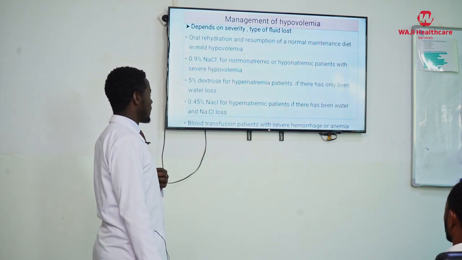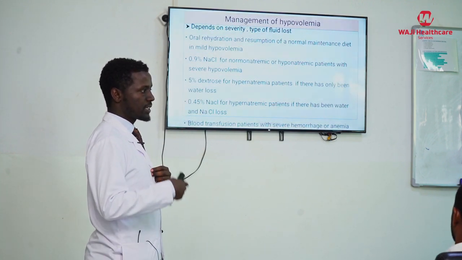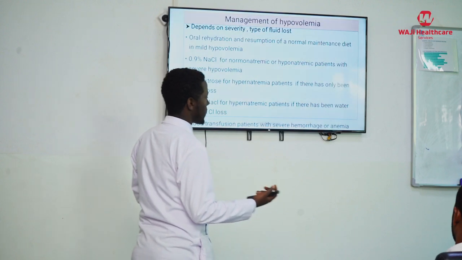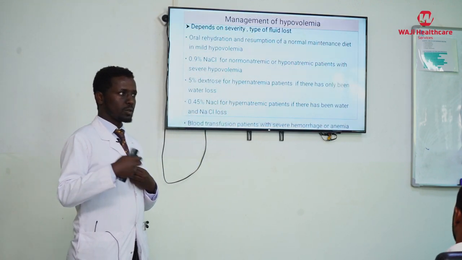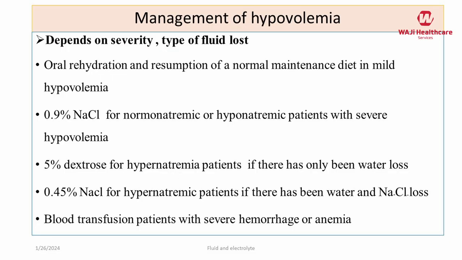The choice of fluid usually depends on the severity and the causes of the hypovolemia. So normal saline is usually preferred for a patient with normal sodium or hyponatremia with low sodium. For a patient with hypovolemia with hypernatremia, D5W is the preferred fluid.